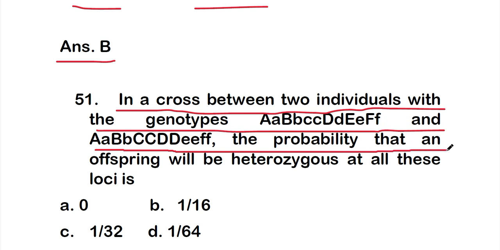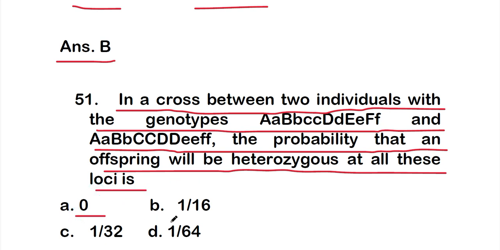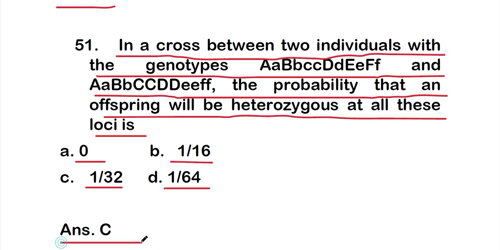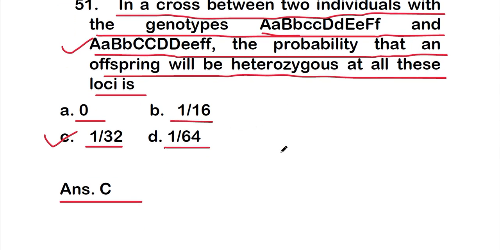The probability that an offspring will be heterozygous at all these loci is option A 0, option B 1 is to 16, option C 1 by 32, option D 1 by 64. So the right one is option C, that is 1 by 32. So if we cross this genotype and this one, then the probability that an offspring will be heterozygous at all these loci is 1 by 32. Okay, so this is the right one.